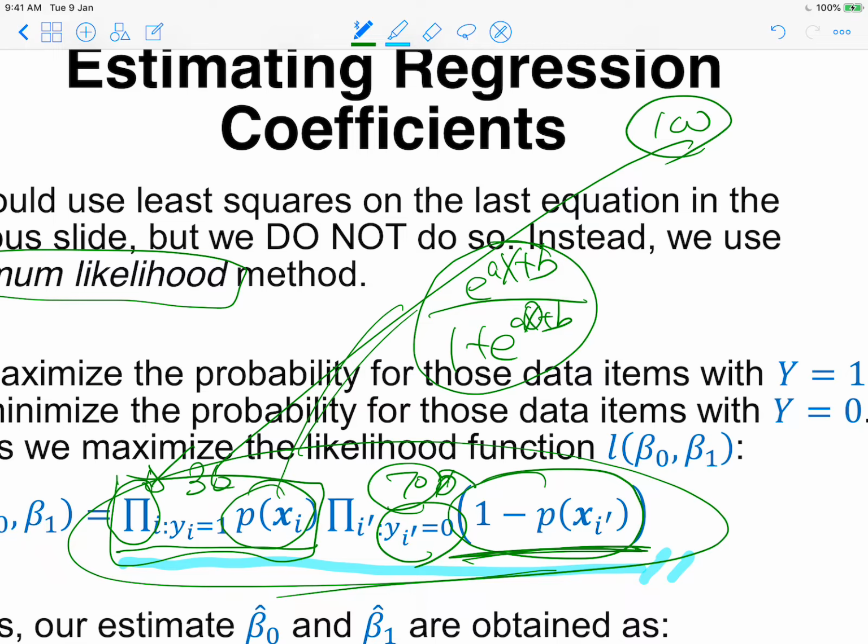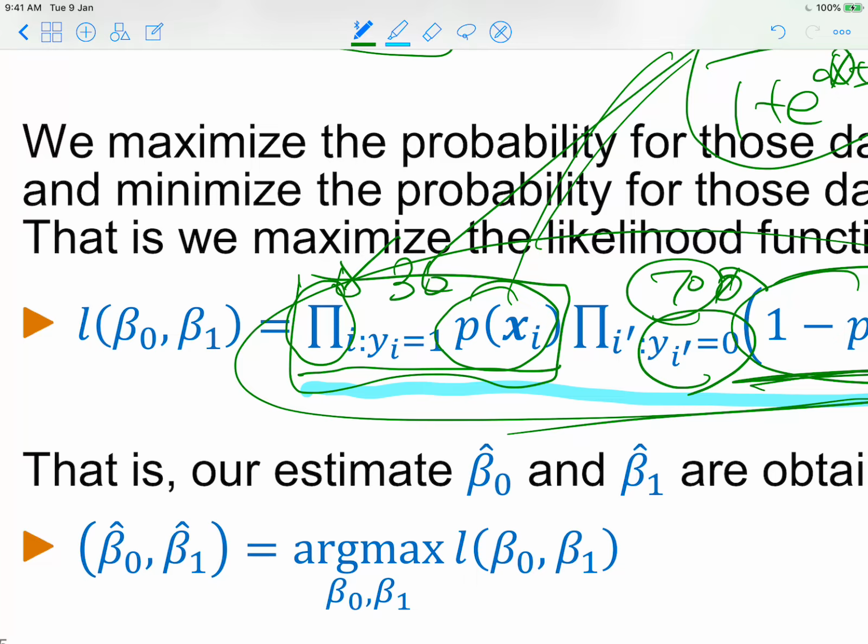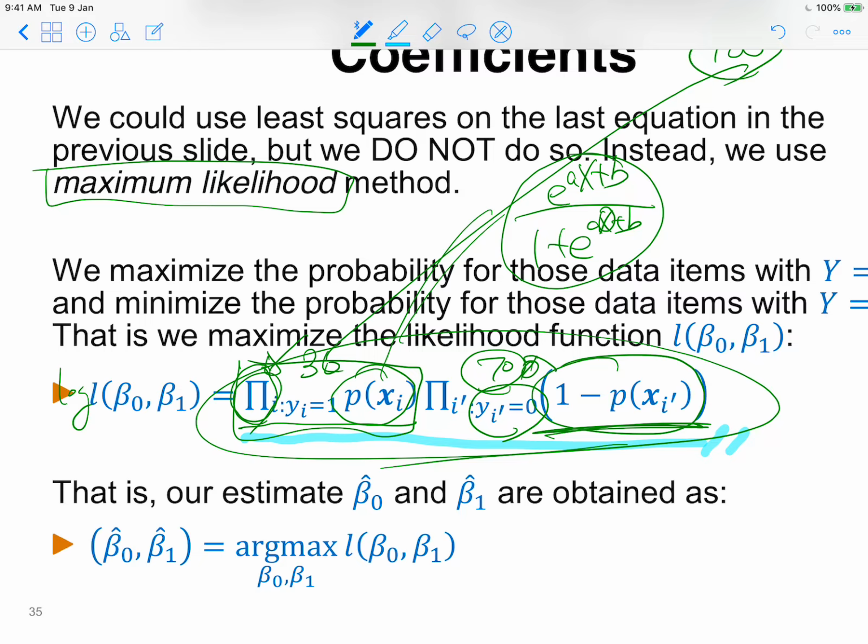Then we maximize this likelihood. Typically, in practice, we use the log of the likelihood, and then the product for multiplication is changed into a summation. So we maximize this log likelihood estimation.